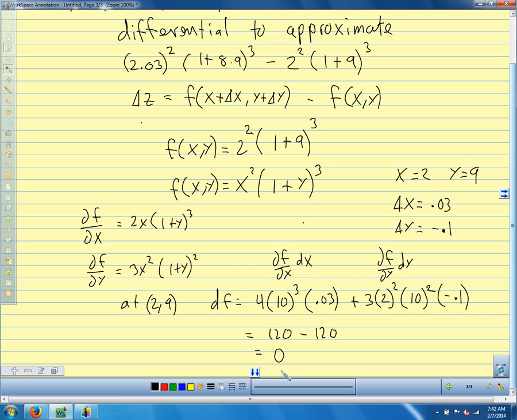So the approximate change in the function is 0. So this function changes approximately none at all in that change in x and y. Isn't that nice?